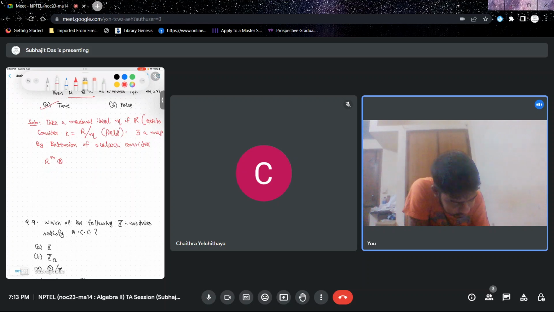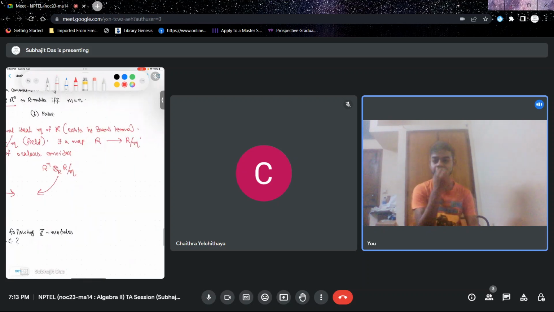So this is with R mod M, and you are also making R^n into an R mod M module. I mean, you are also extending scalars for R mod M. So far what you know is this, both this and this are not only just R modules, but what kind of modules? You have extended the scalars.